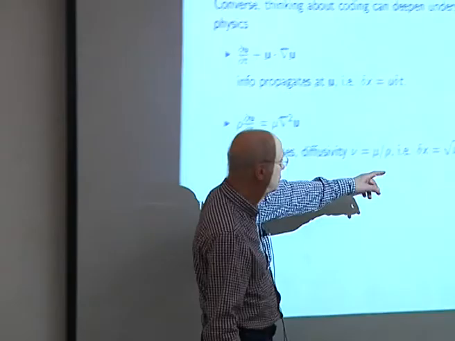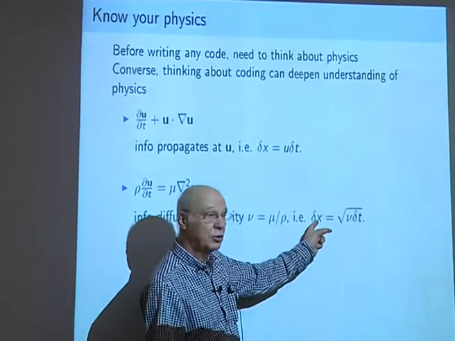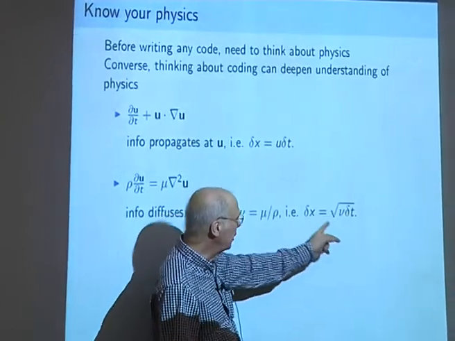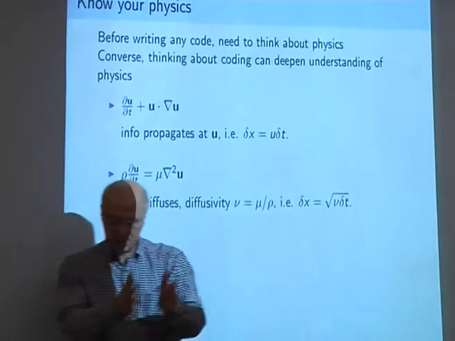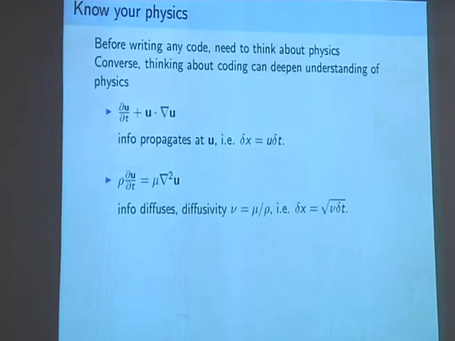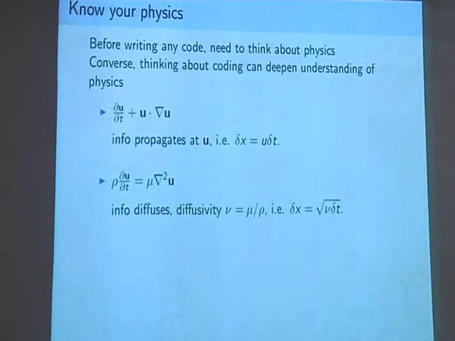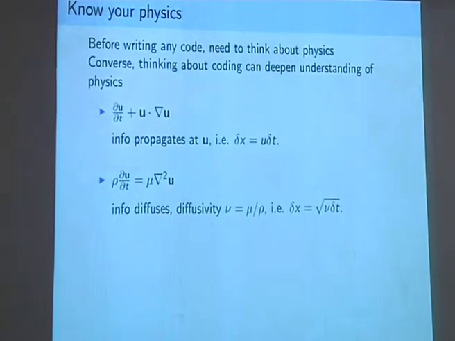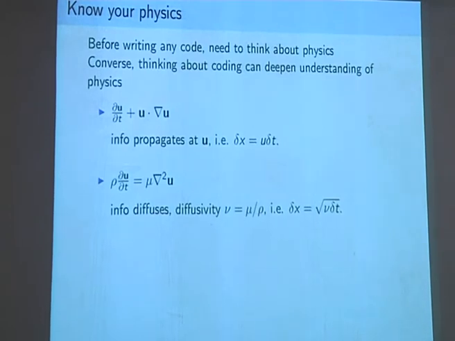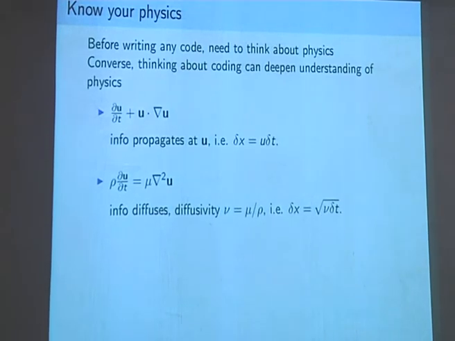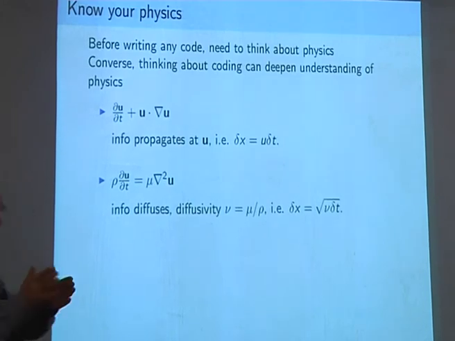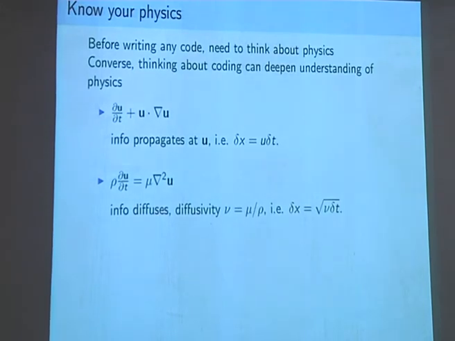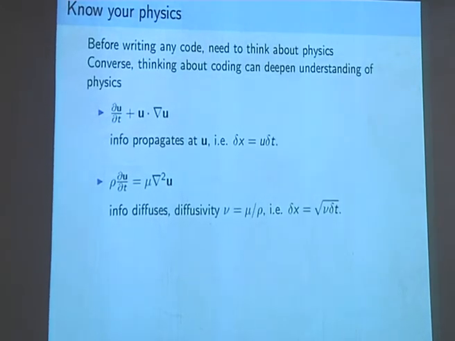You might want to reduce the time step so it doesn't go further than one grid block. That pushes delta t down to very small. If you're thinking of a spatial resolution of, say, 100 points across a grid, you've suddenly asked, typically in non-dimensional times, for the time step to be 10 to the minus 4. That might not be a clever thing to be wanting. You may want to have a slightly coarser grid so you can have a larger time step. Or you might want to know how to handle that physics a little better.